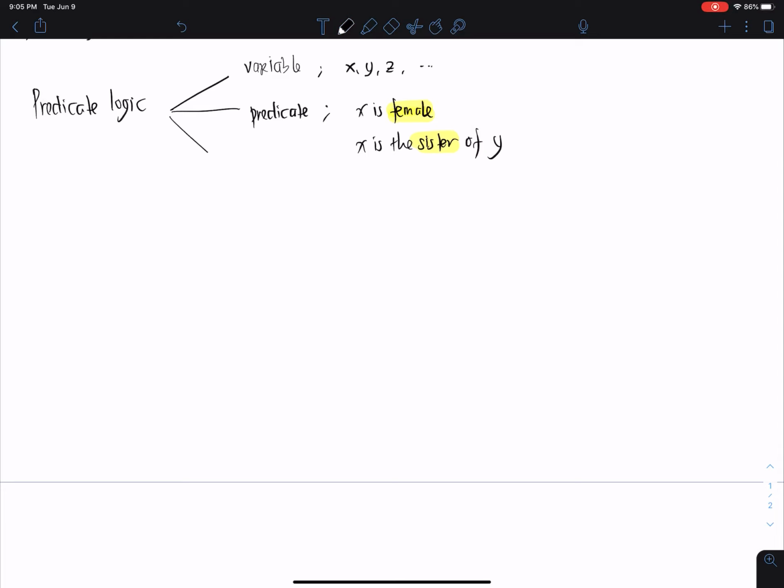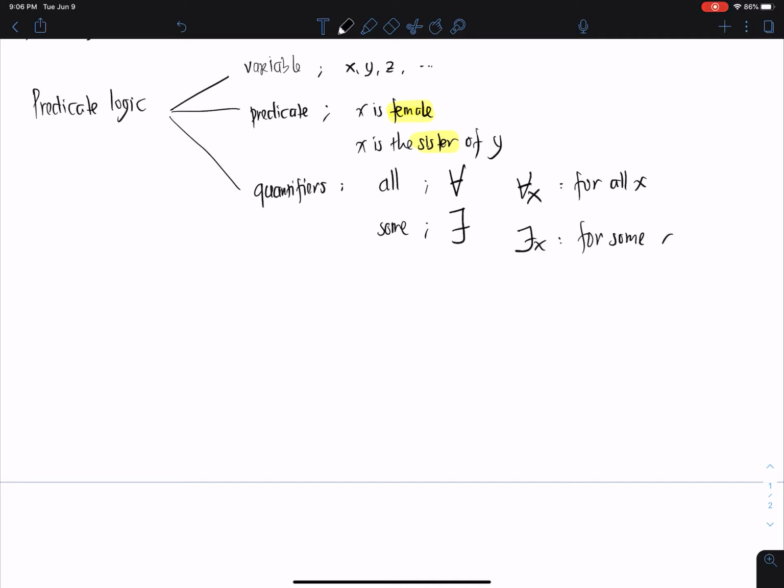And as mentioned earlier, in predicate logic we have quantifiers to state all. We use this notion, or some, so we use these notions. For example, if we put it like this, then we read it as for all x, or if we put it this way, then we read it as for some x.